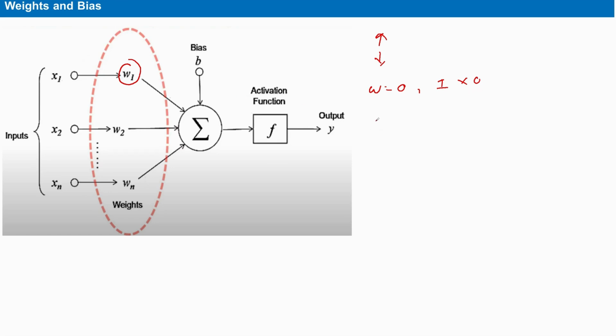If the weight is positive, then increasing the value of the associated input feature increases its importance in generating the final output.